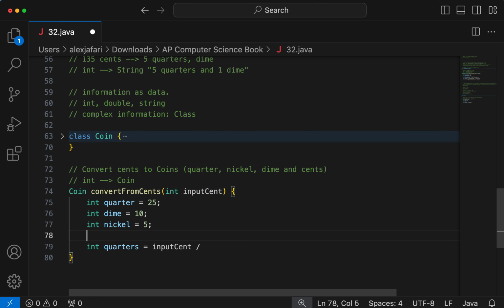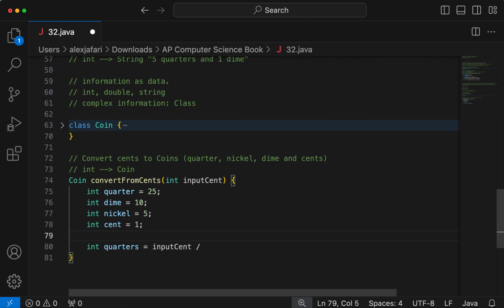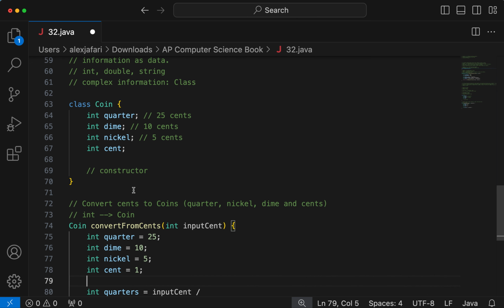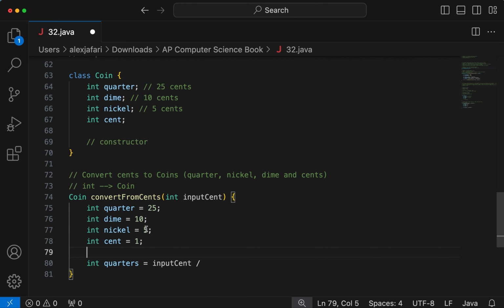In the class Coin, can't we just define these numbers there? Because they're always the same. Yeah, that's a great point. We'll learn later on how to define these things in the class and use them.